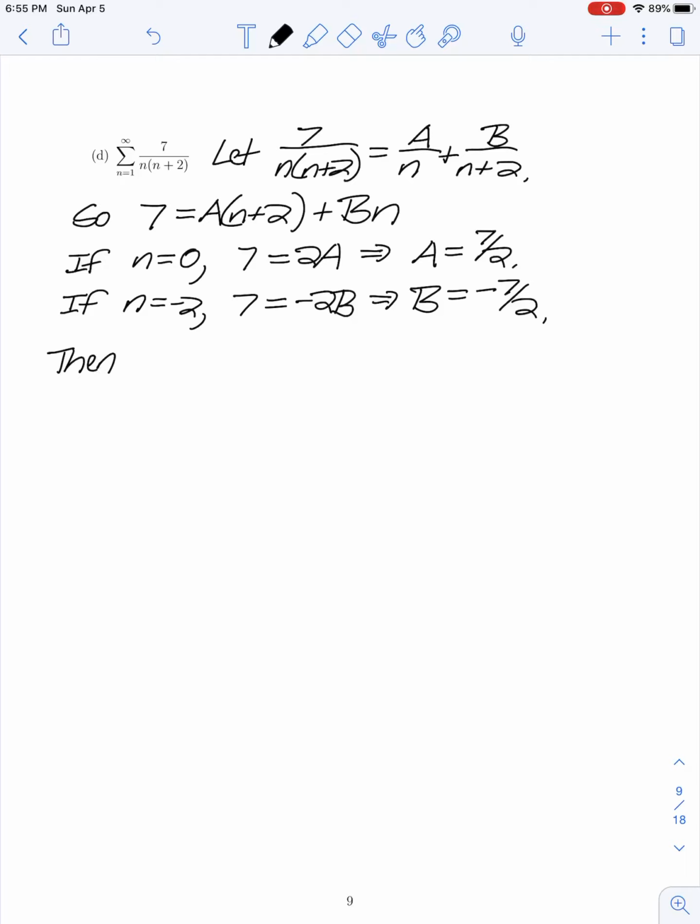So if we look at our series, that is the sum from n equals 1 to infinity of 7 over n times n plus 2.